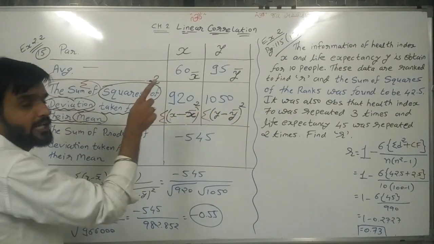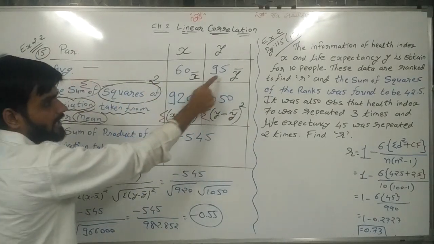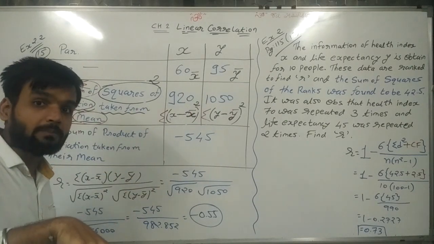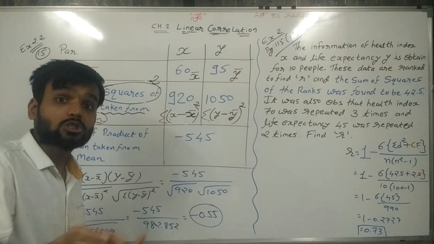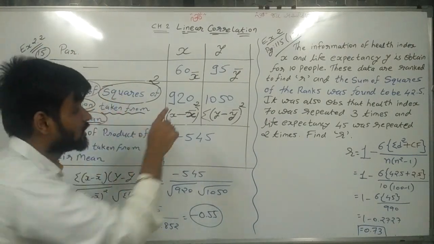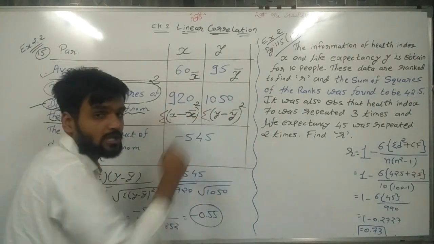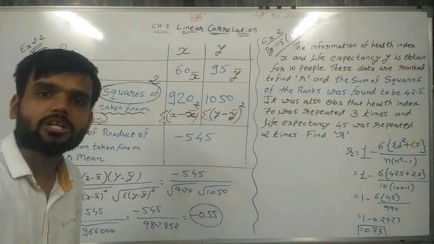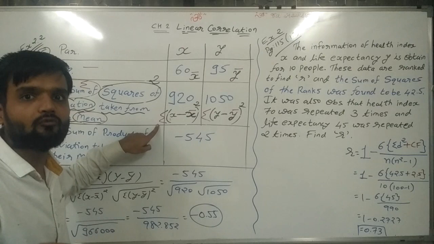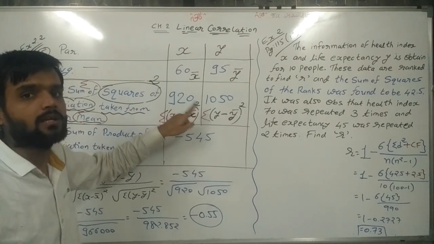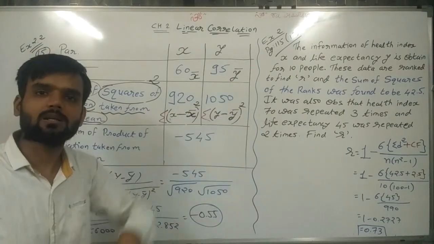Again, average means bar, x bar and y bar. Sum of square of deviation taken from their mean means sigma x minus x bar square, sigma y minus y bar square.